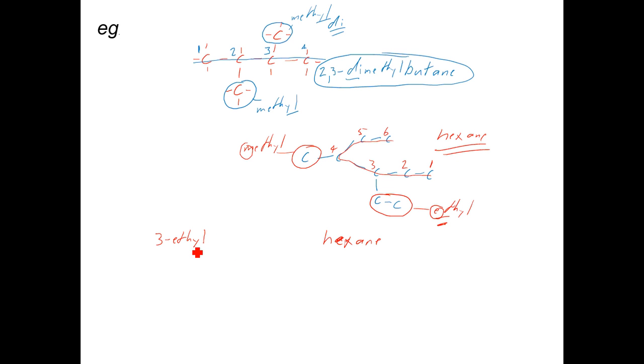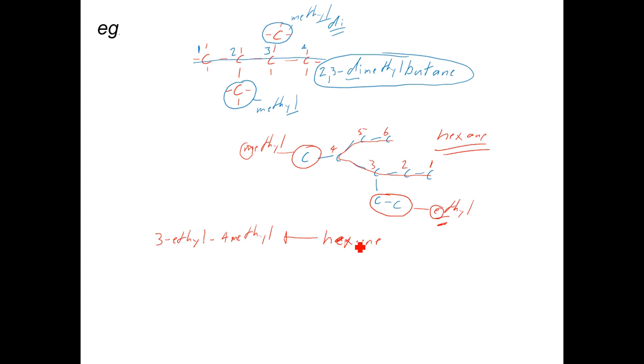So this is a 3-ethyl. And now we have a 4-methyl. So we can go dash 4-methyl. And again, I have to shift this over so there's no space in here. This is a 3-ethyl, 4-methylhexane that we do have here.